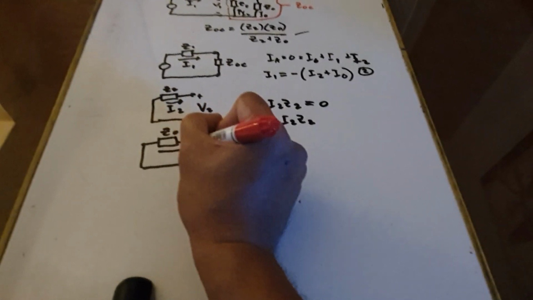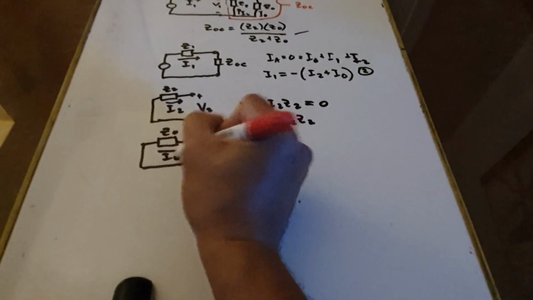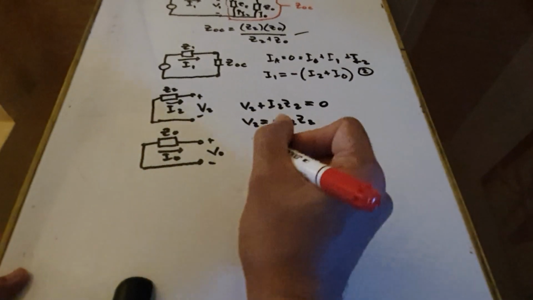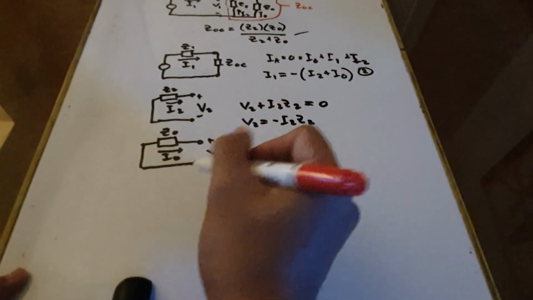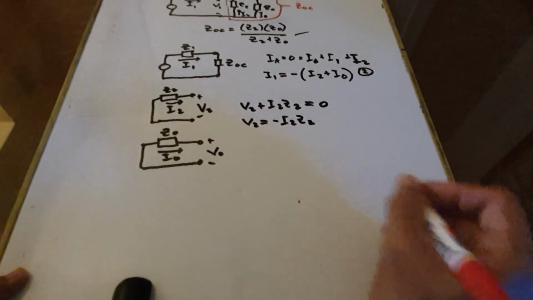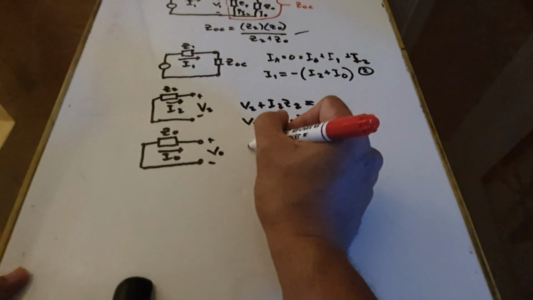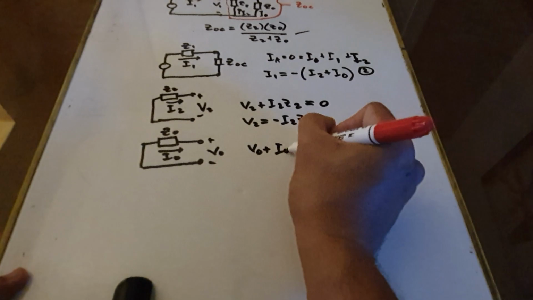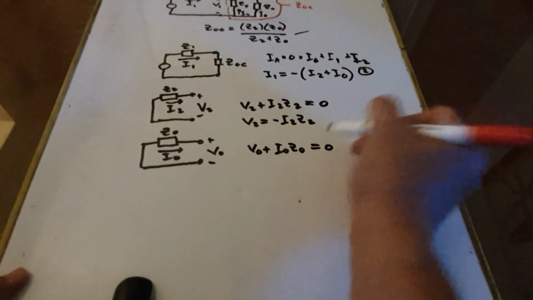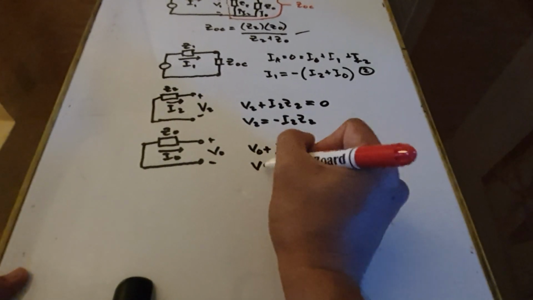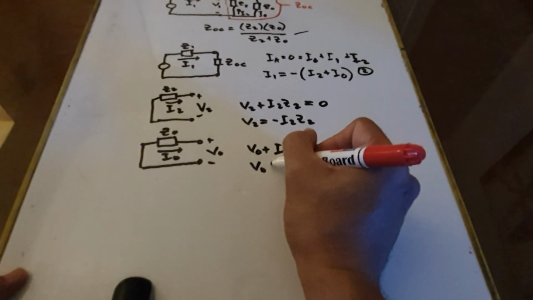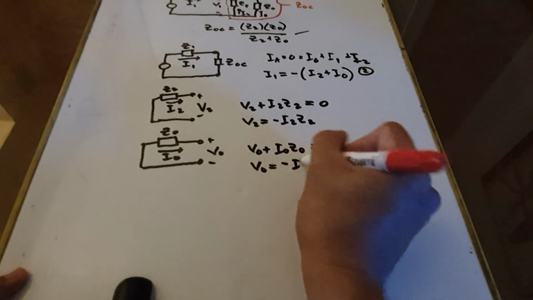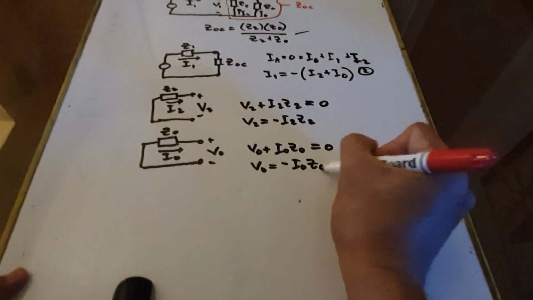The same, the sum of the voltages around the loop is equal to 0. So V0 plus I0 Z0 is equal to 0. So therefore V0 is equal to negative I0 Z0.